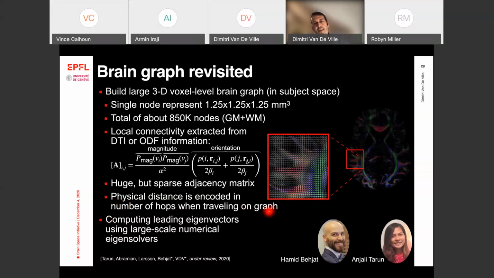And that is something that is lost if you go to the simplification of the structural connectomes as I've used them in the previous part. And we will see why that is important in a moment. Even if those graphs are huge and should be stored as sparse matrices, you can actually still compute quite some leading eigenvectors using common large-scale numerical solvers.